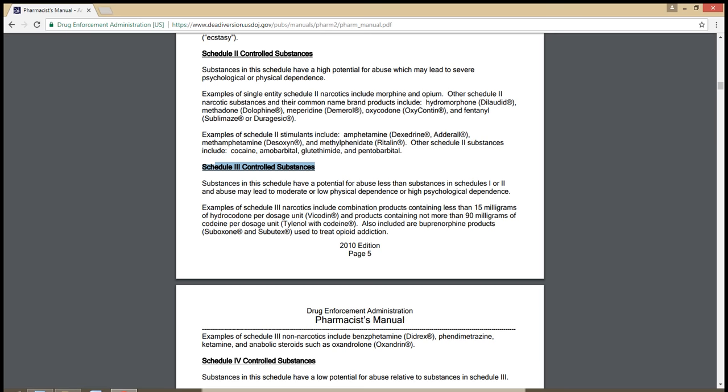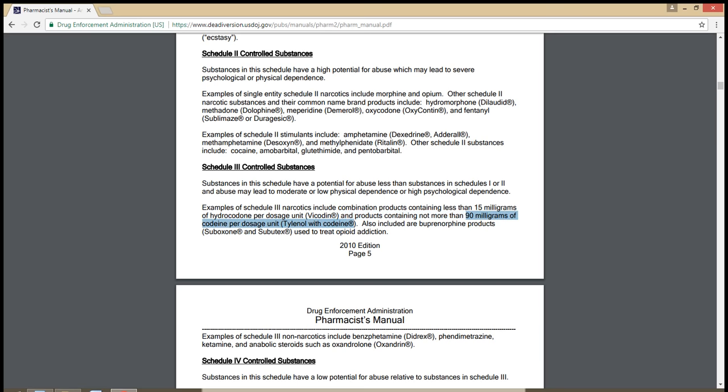So one tablet of Tylenol with codeine must contain 90 milligrams or less of codeine in order for it to be a Schedule 3 medication. If it has more than 90 milligrams in that tablet, then it's no longer considered a Schedule 3. So it has to be 90 milligrams or less for one dosage unit, and that's what it says right here. 90 milligrams of codeine per dosage unit of Tylenol with codeine.